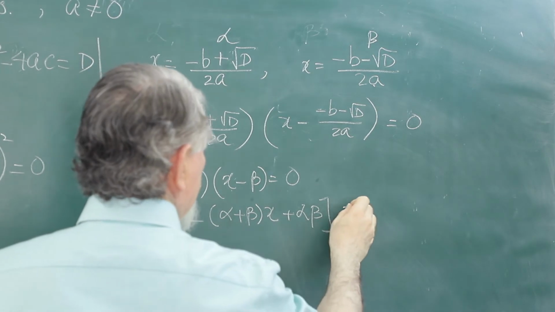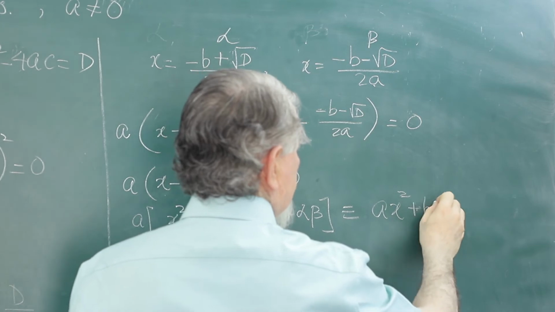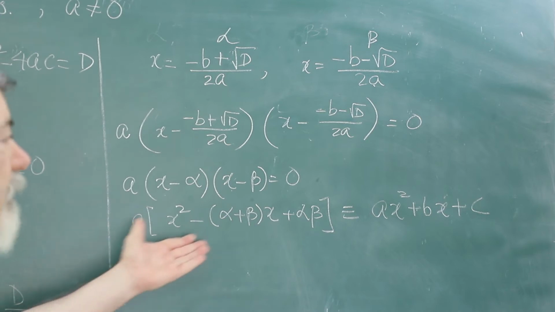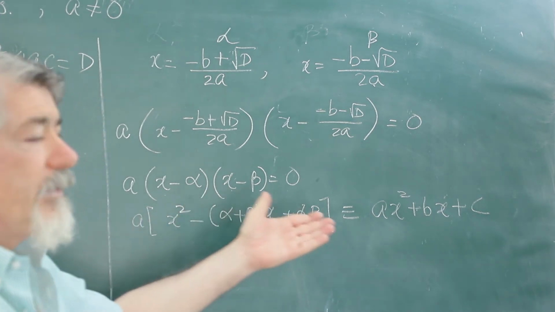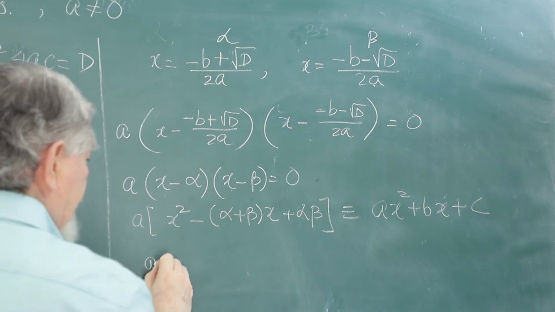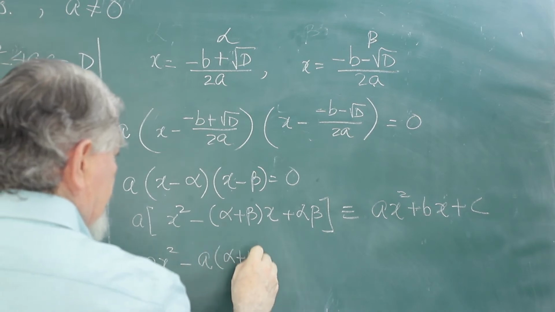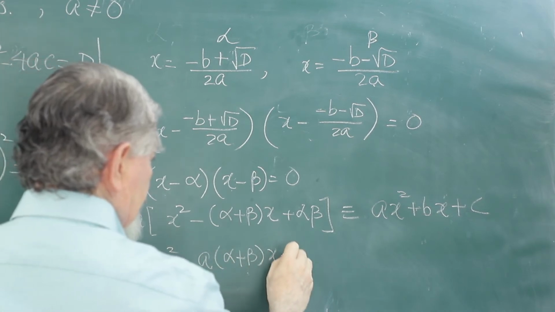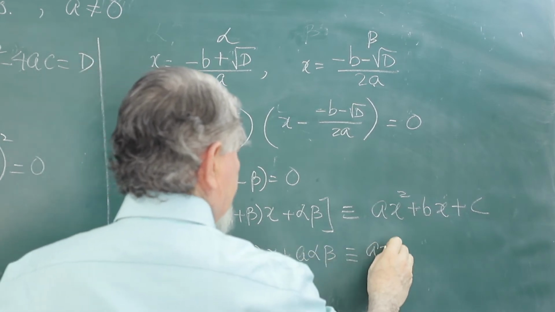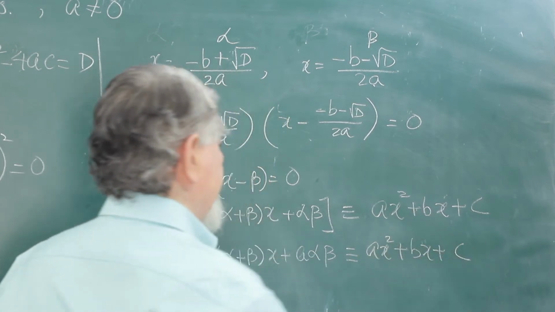And if you remember, this equation was obtained from ax square plus bx plus c, so both are equivalent equations. Actually these are identities, and identities are equal. Now it could be ax square minus a into (alpha plus beta) x plus a alpha beta is equivalent to ax square plus bx plus c.